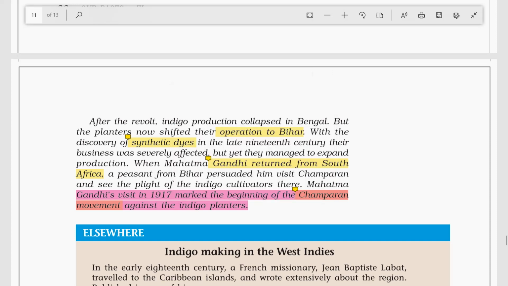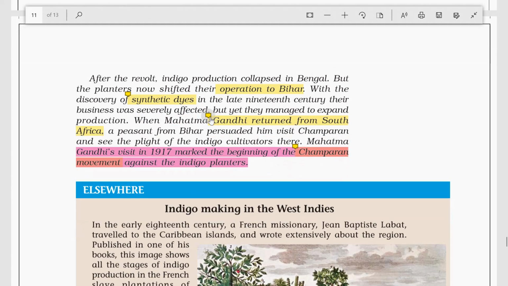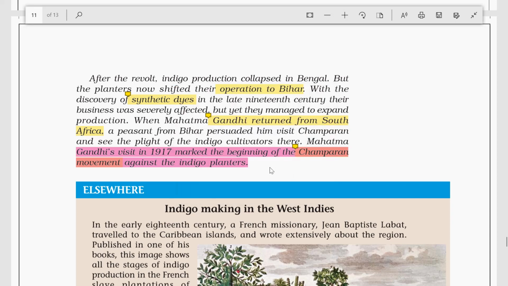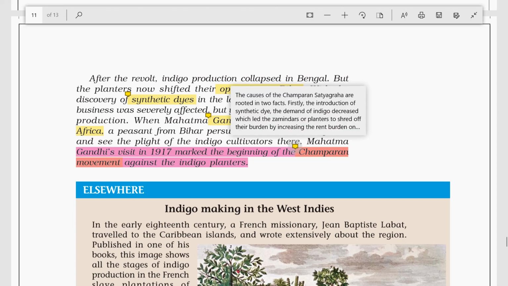Then he opposed paying the taxes, and he united the people of Bihar. So the peasants from Bihar requested Gandhiji to visit Bihar. When Gandhiji started the satyagraha in Bihar, this movement was known as the Champaran movement.